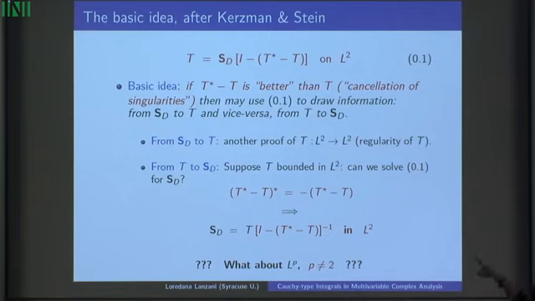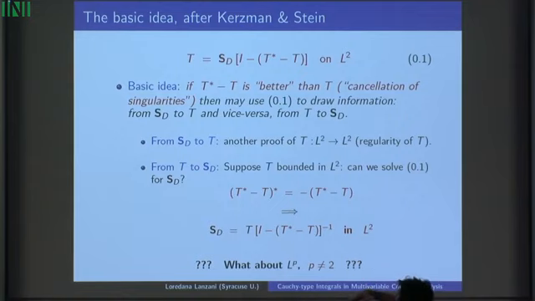I am especially interested in the second bullet. Suppose you know that the non-orthogonal projection is bounded in L2. Can we solve that equation on top for the orthogonal projection? Yes, by, again, a functional theoretic argument, because the difference of T and T star is almost self-adjoint, is Q adjoint.